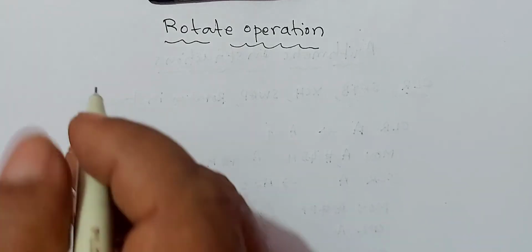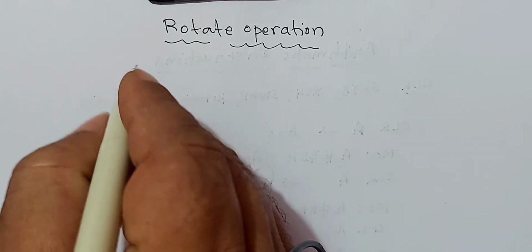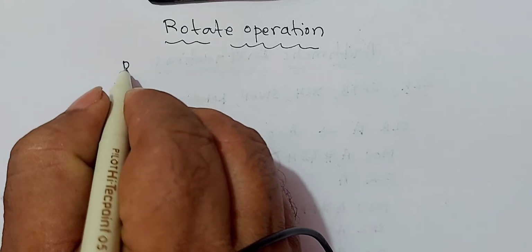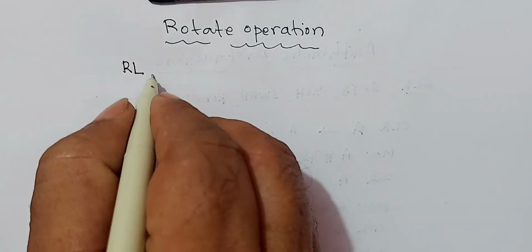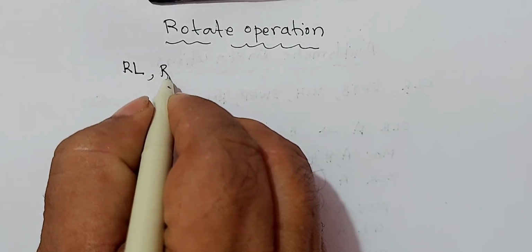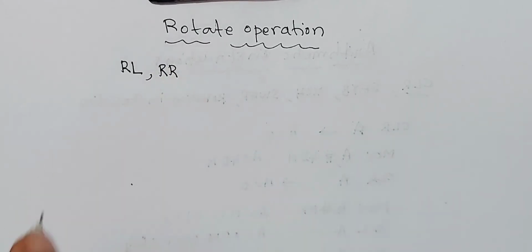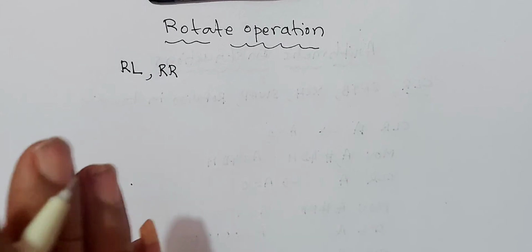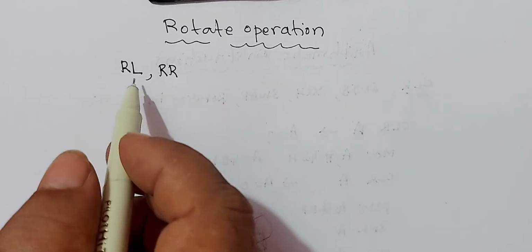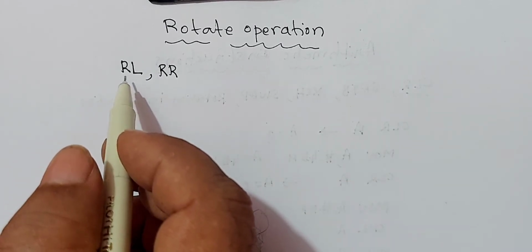The opcode used to rotate left is RL, only two letters, and RR means rotate the contents to the right. RL means rotate the contents to the left.